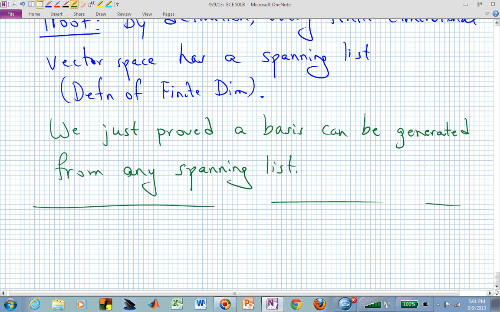Why don't we think about another theorem that starts with the other property? What if we have a set of linearly independent vectors? Then what are we going to do? Now we are going to build. We're going to add new linearly independent vectors to create a basis so that we can span the entire set.